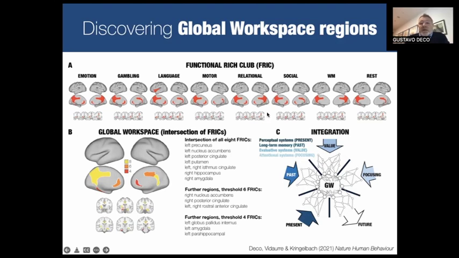For example, using the HCP dataset, which included not only resting state but 7 different cognitive tasks, we were able to analyze this functional organization in each condition, and by performing the intersections we got access to this concept of the global workspace. So we get, in a quantitative way, some information about this orchestration of the functional activity.